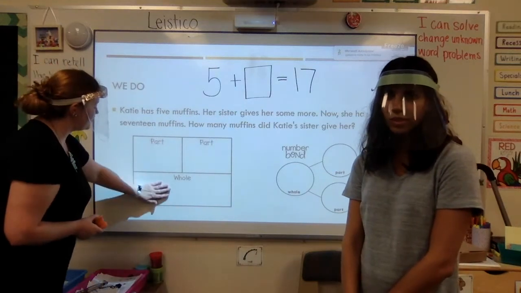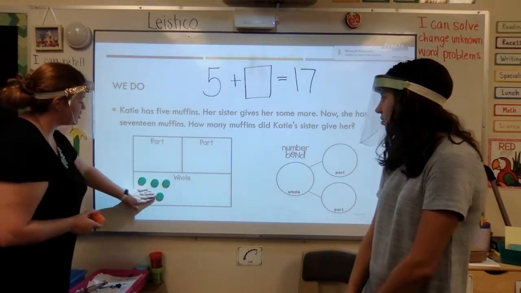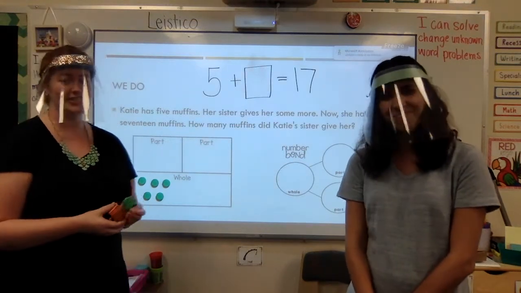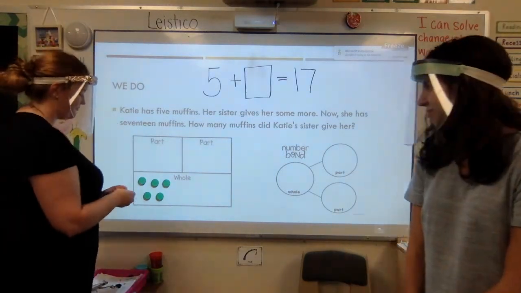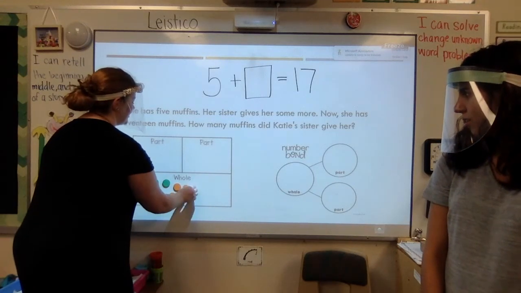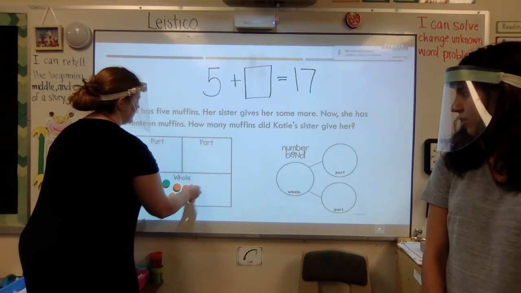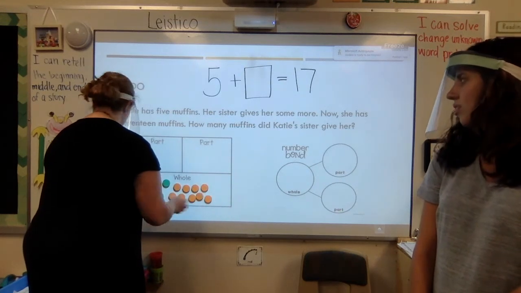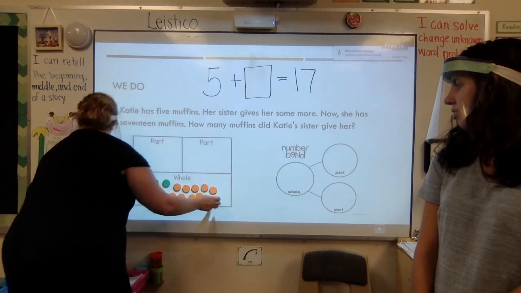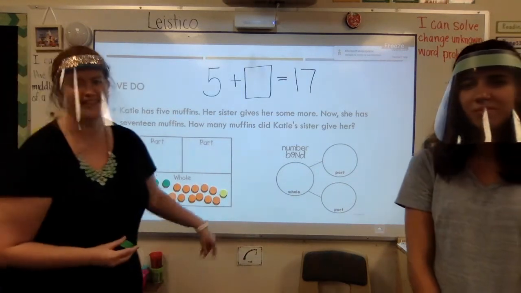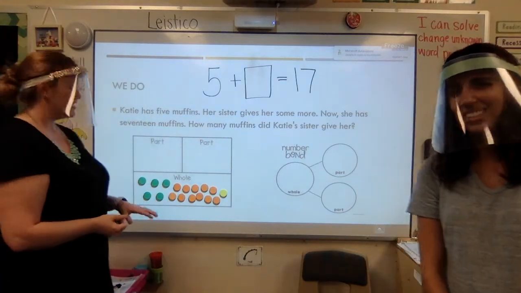So I'm going to pull these 5 down from my first part, and I'm going to add on until I get to 17. So I have 5, 6, 7, 8, 9, 10, 11, 12, 13, 14, 15, 16, 17. And we're just going to pretend that that yellow guy's one of the orange guys.